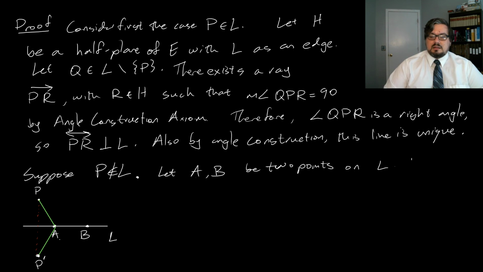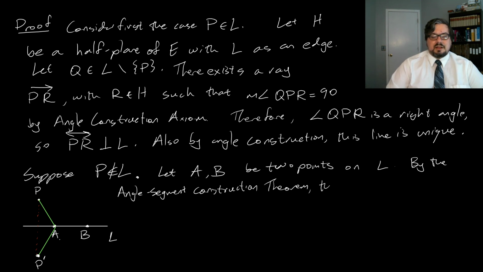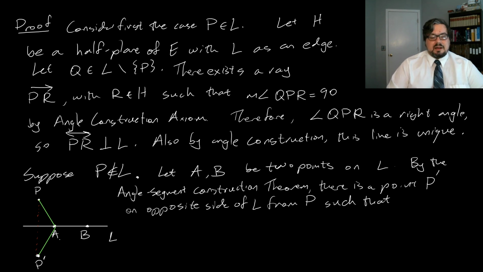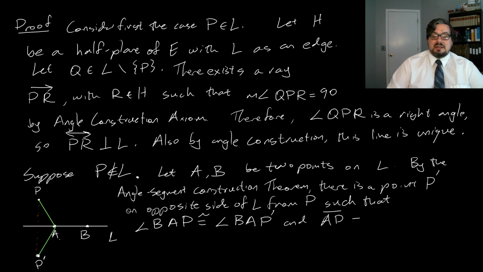So by the angle segment construction theorem, there is a point P prime on the opposite side of L from P such that the angle BAP is congruent to the angle BAP prime, and the segment AP is congruent to the segment AP prime.